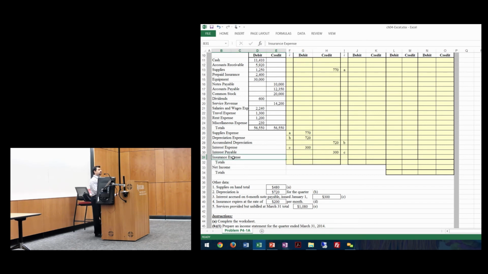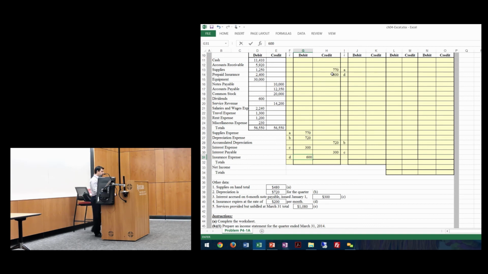Prepaid insurance. So we know that prepaid insurance is supposed to decrease. It's an asset. How do you decrease the asset? You credit 600, and this would be D. And then insurance expense is also debited 600.